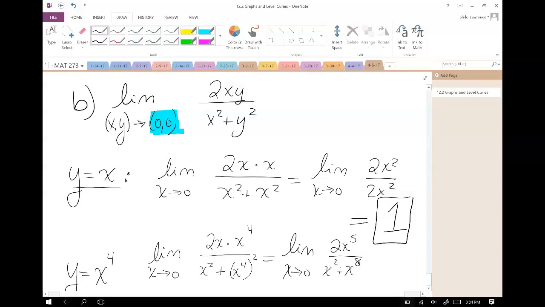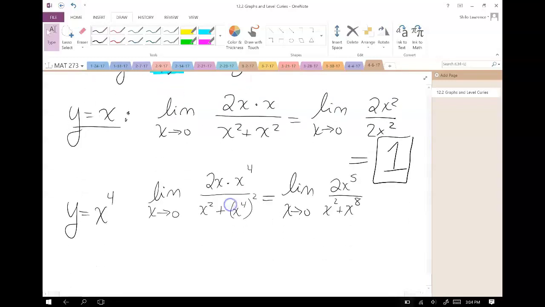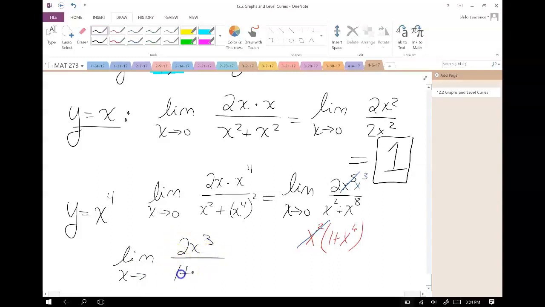And direct substitution gives 0 over 0, but we can do some algebra simplifying now. We're going to pull x squared out of the bottom, and we can cancel it with 2 of them in the top. So now we've got the limit as x approaches 0 of 2x cubed over 1 plus x to the 6th. And we get 0 over 1, which is 0.